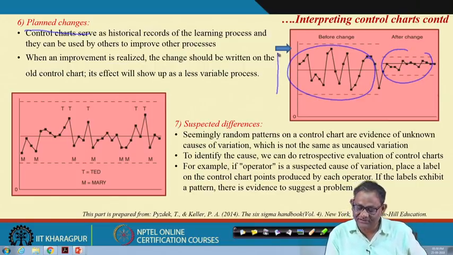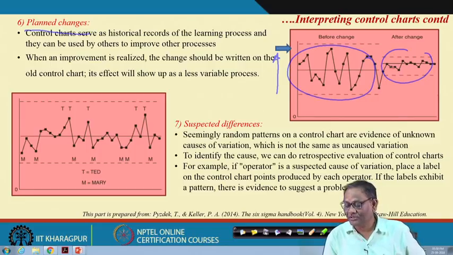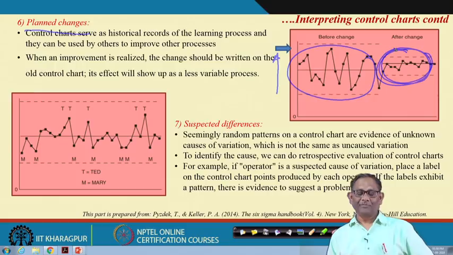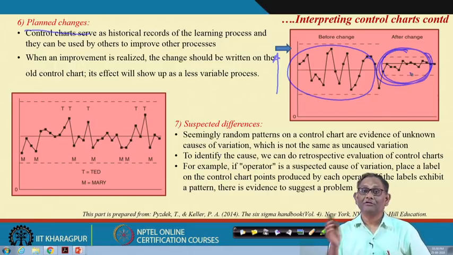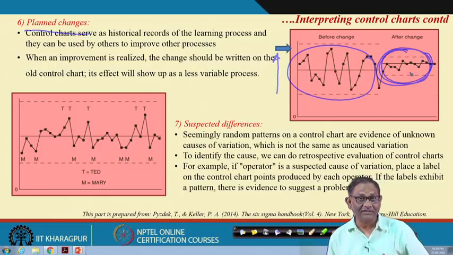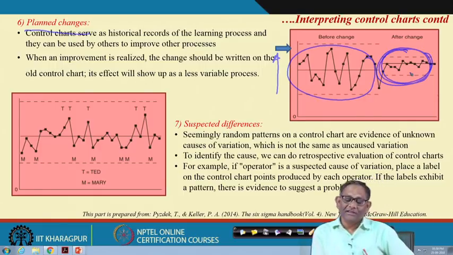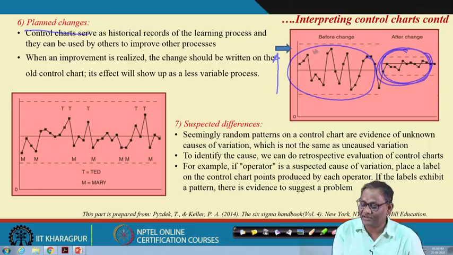If we say this is a higher-the-better kind of variable, then this is definitely a better performance. If the change is not known to the person who is evaluating the process, then he will think, what happened here, the performance here and here is different. So it is always better such changes to be recorded in the control charts.